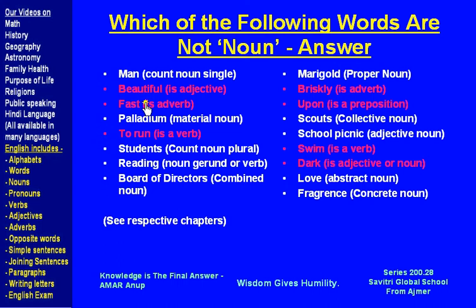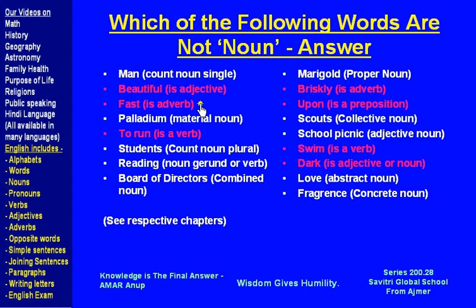Next word was fast. The word fast is an adverb. Just like an adjective adds more information to a noun, an adverb adds more information to a verb. So for example, when I say he ran fast, so fast is telling about how he ran.